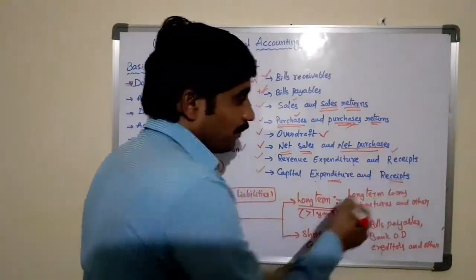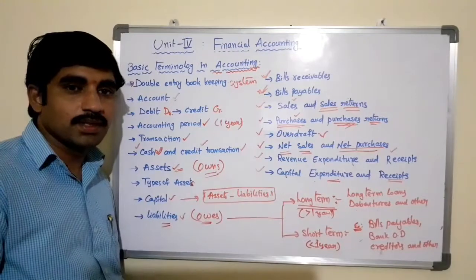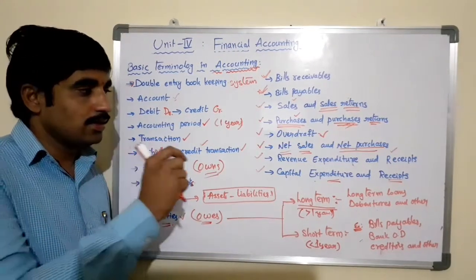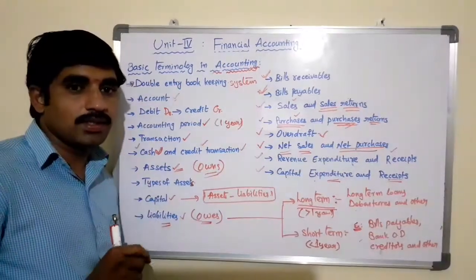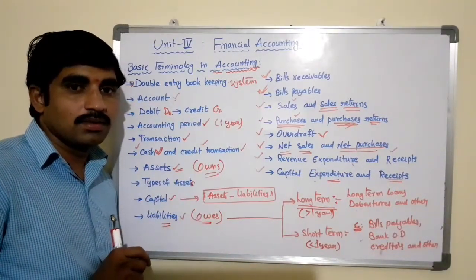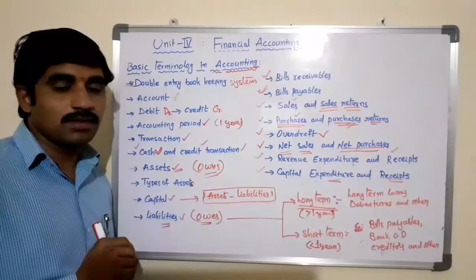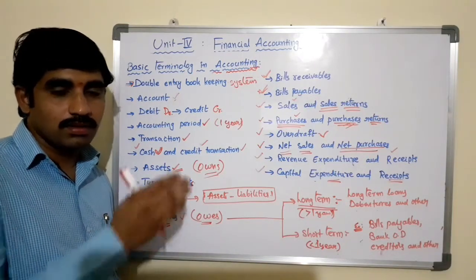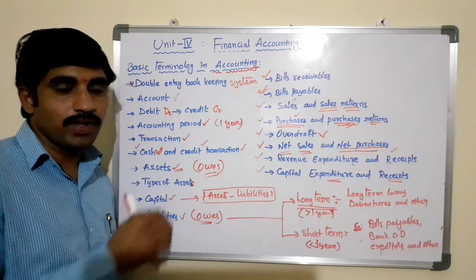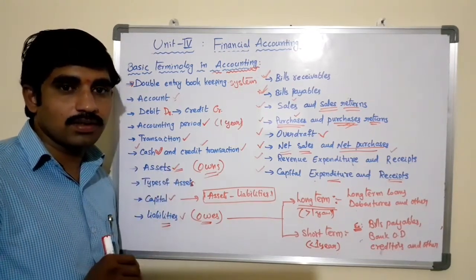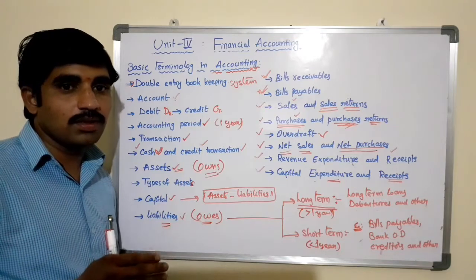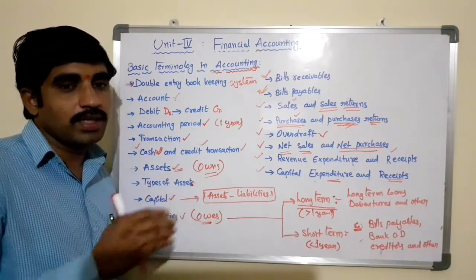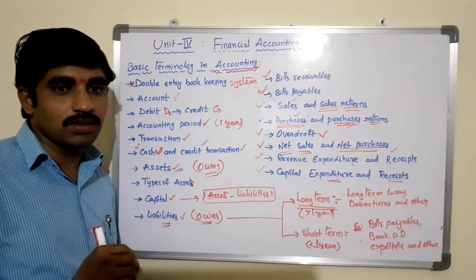Then capital receipts. Capital receipts means the receipts from selling the fixed assets in the business. So here we purchased some fixed assets, for example machinery, 5 years ago. We have been using the machinery for 5 years. Now the machinery is not in a position to be used, or we would like to replace the existing machinery with new machinery.